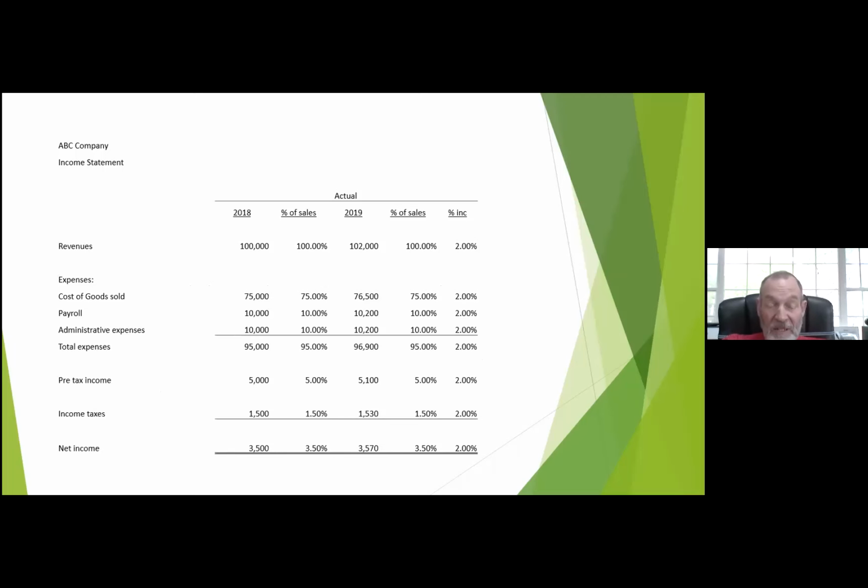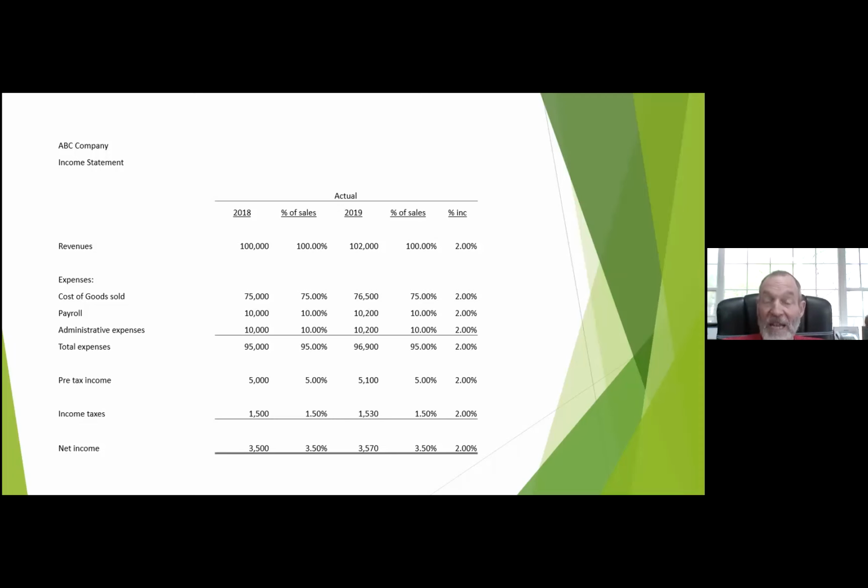I showed relatively consistent measures, again, percentage to sales. Because that can help drive, when you make your sales forecast, what your expectation is for expenses as the business either grows or decreases. And so you come down to net income, and again, it's the same type of relationship.